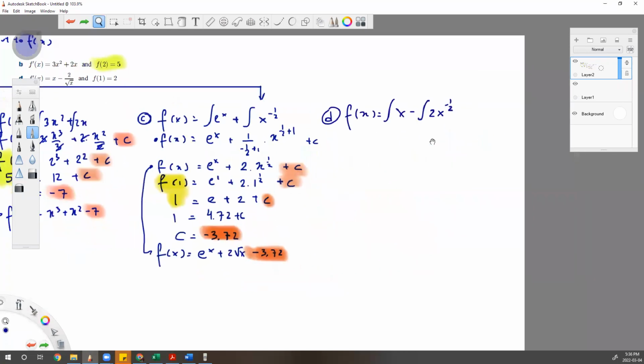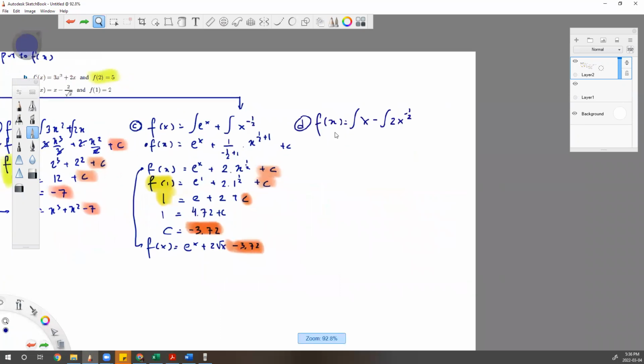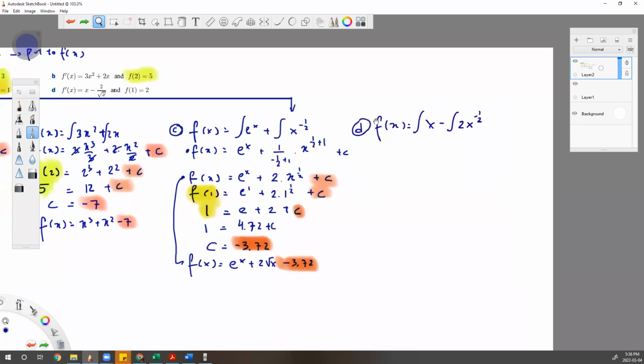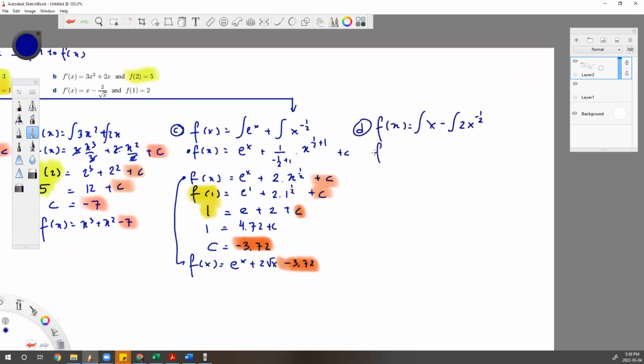And then try to integrate right now here. So f(x) equals x squared over 2 minus 2 times, okay, we don't have to waste our time. We got this already, right? x to the power, 2x to the power half. Make it fast.